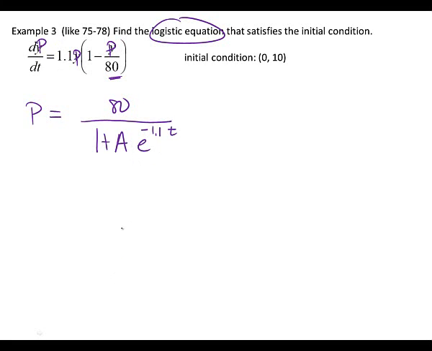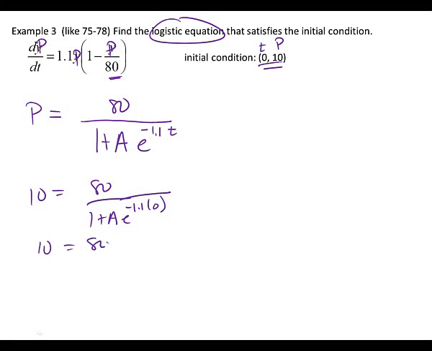Okay? I need to satisfy that initial condition, right? So this is the time, that's the p. So I'm going to put this in just like we've done before. What am I going to put in for the p? 10 equals 80 over 1 plus a e to the negative 1.1. What's the time? 0. We've been doing that a lot. It ends up being e to the 0, which is what? 1.